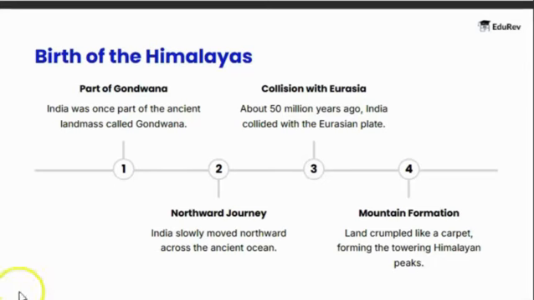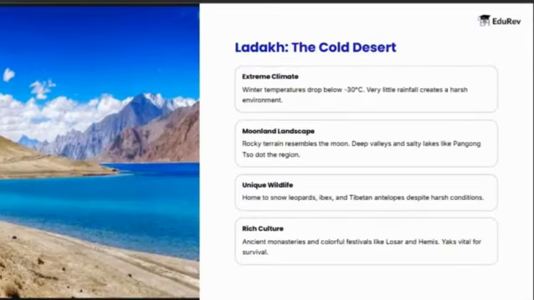Now we have our cold desert, Ladakh. Ladakh has an extreme climate. In winters, it drops below minus 30 degrees Celsius, and it has very little rainfall. It creates a harsh environment.